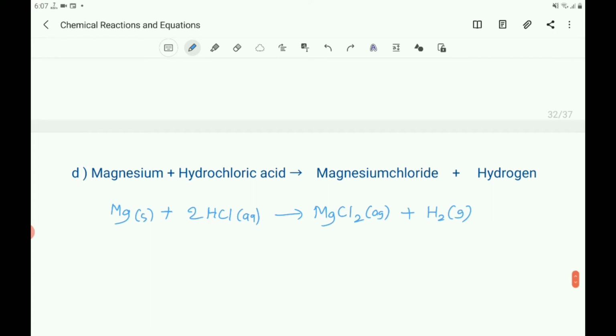One element is displaced by another element from its solution, so you can say it is a displacement reaction. Then you write the type: displacement reaction.